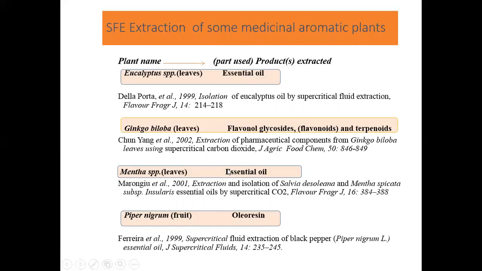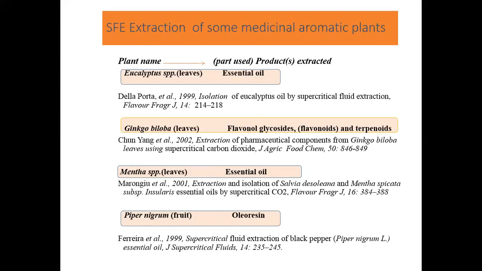Third example, essential oil extracted from Mentha species. This paper was published in 2001. Title of paper, Extraction and Isolation of Salvia and Mentha spicata insularis essential oil by supercritical fluid extraction. Oleoresins are extracted from Piper nigrum.